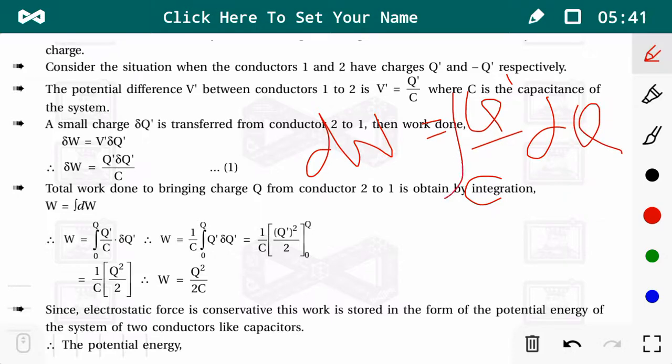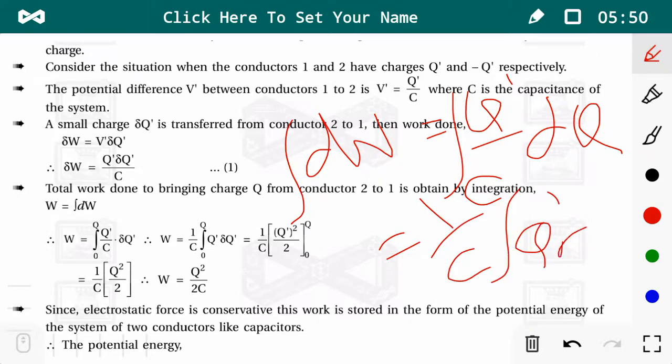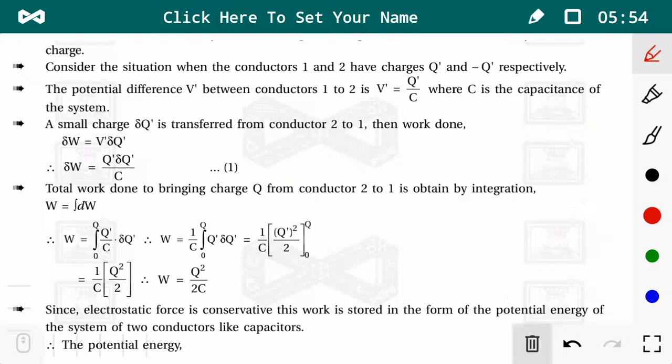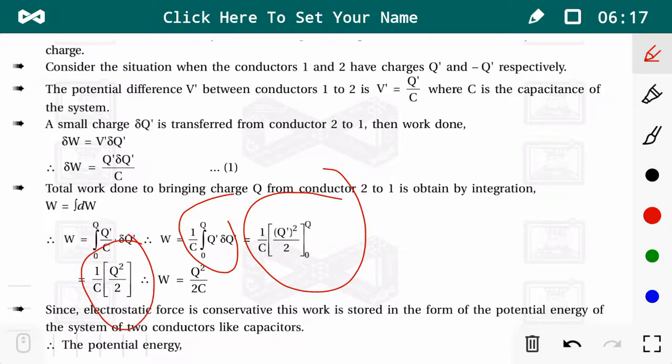Now taking integration on both sides, 1 upon C integral of Q dash dQ dash, with limits 0 to Q. When 1 power is added, the result in the denominator is 1 plus 1, 2, so Q dash square upon 2. So we got the result: W is equal to Q square upon 2C.